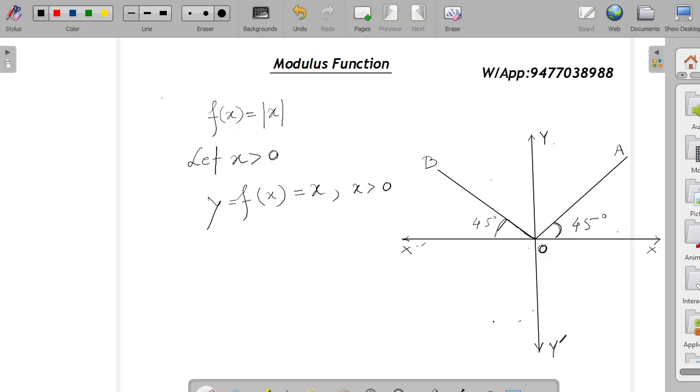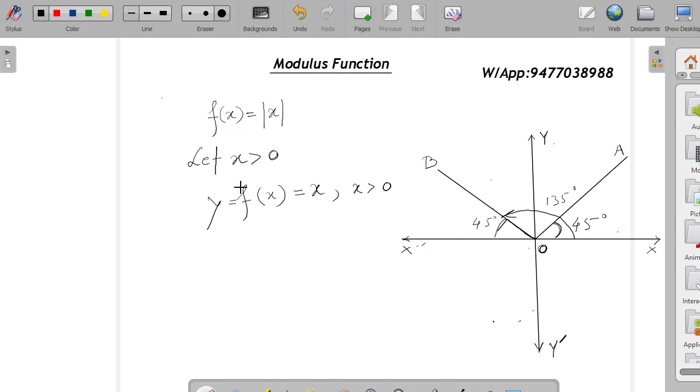But if we consider the angle from the positive direction of the x-axis, then it would be 135 degrees. So this is the graph of our modulus function.